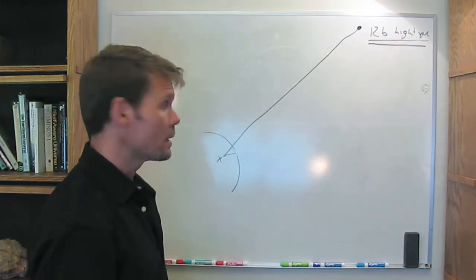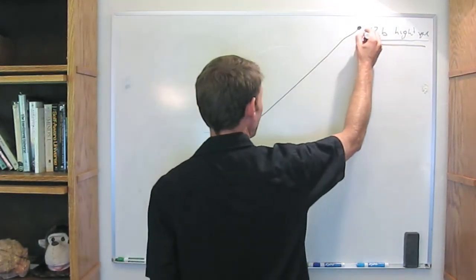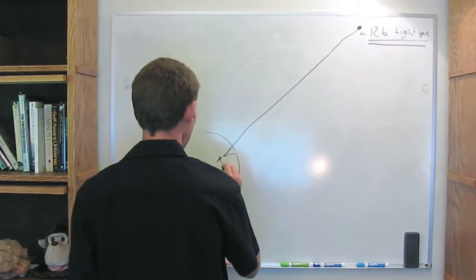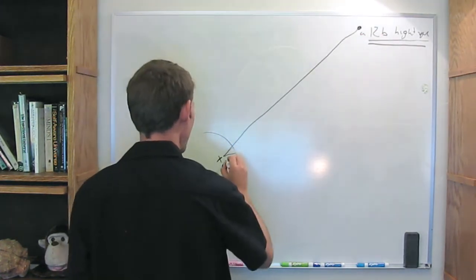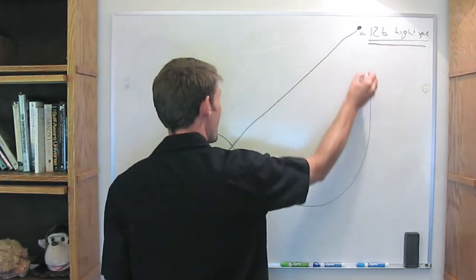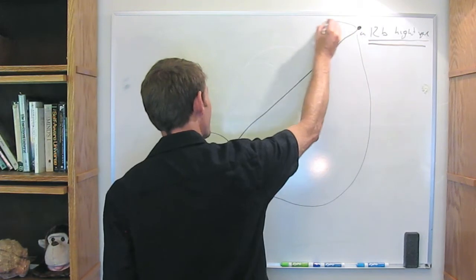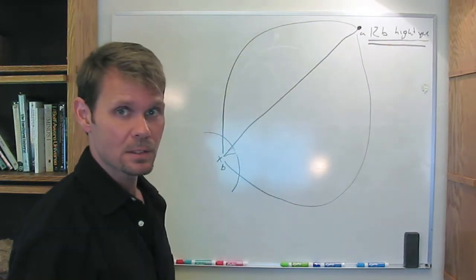Well, if you consider the photon, if this is point A and this is point B, because of the nature of hypertime, because it happens in between time, that movement from A to B might be a single movement.